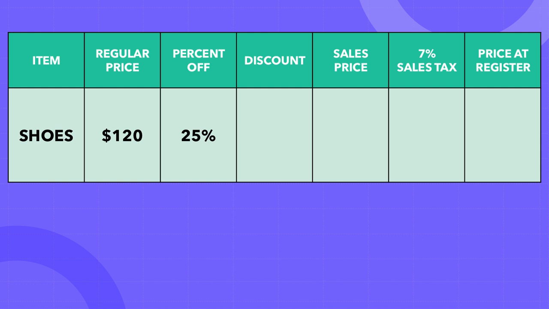How would I find the discount if I know that the shoes are $120 and it is at 25% off? Jonah. 120 times 0.25. Okay. Take your 120, times it by the 0.25.